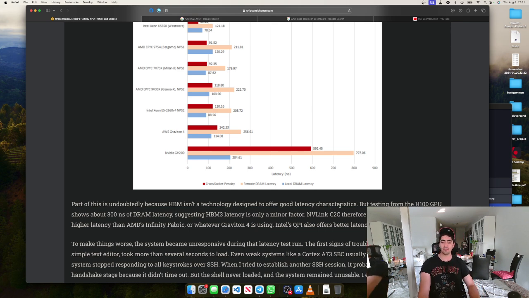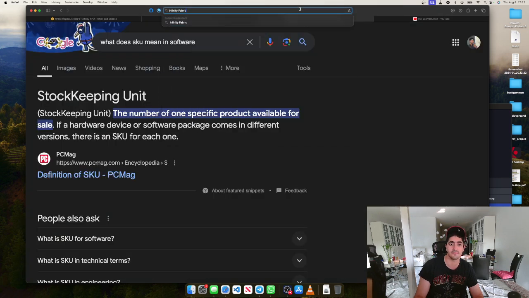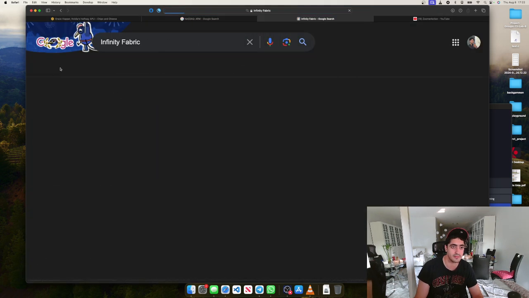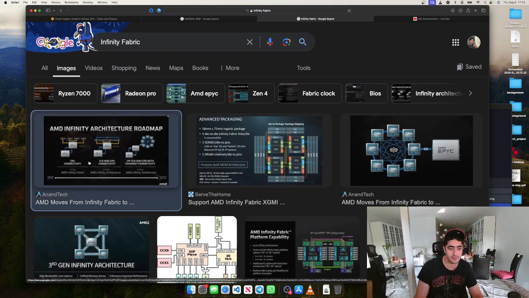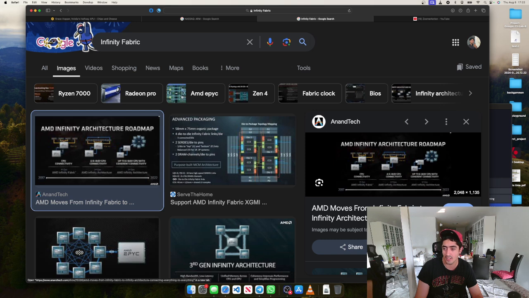But testing from the H100 GPU shows about 300 nanoseconds of DRAM latency, suggesting HBM3 latency is only a minor factor. NVLink C2C therefore appears to have much higher latency than AMD's Infinity Fabric or whatever Graviton is using. Intel's QPI also offers better latency. What is Infinity Fabric? Show me this. Alright, so it's, I guess, proof of concept right now.